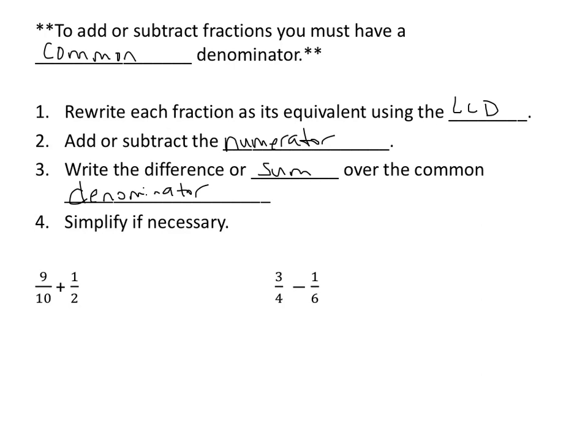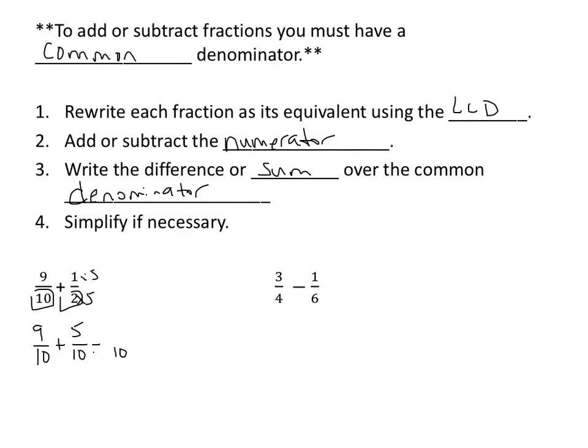Why don't you go ahead and pause the video and try these two on your own, and then just see how you do. So if I have 9/10 plus 1/2, I'm looking at my denominators of 2 and 10. What's a number that both 2 and 10 multiply into? Hopefully you said 10. So 9/10 would stay 9/10 because I don't have to change the denominator. 1/2 would become 2 times 5 to get 10, which means I do 1 times 5, so it would be 5/10.